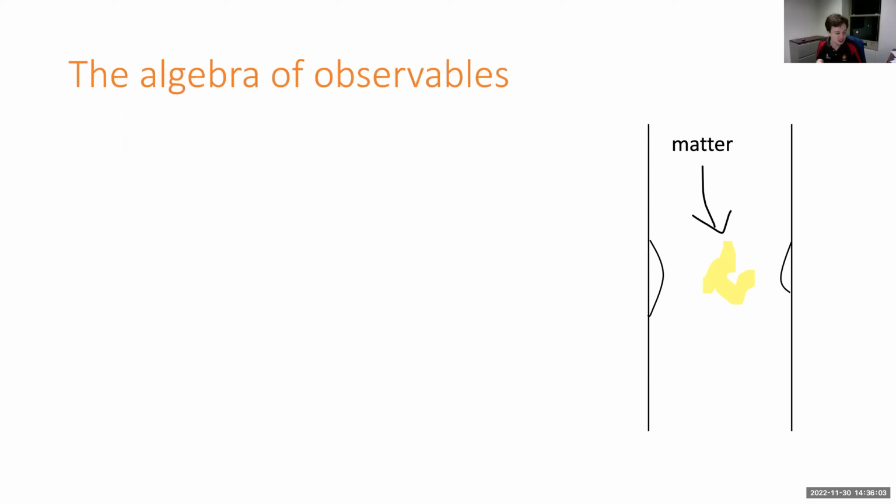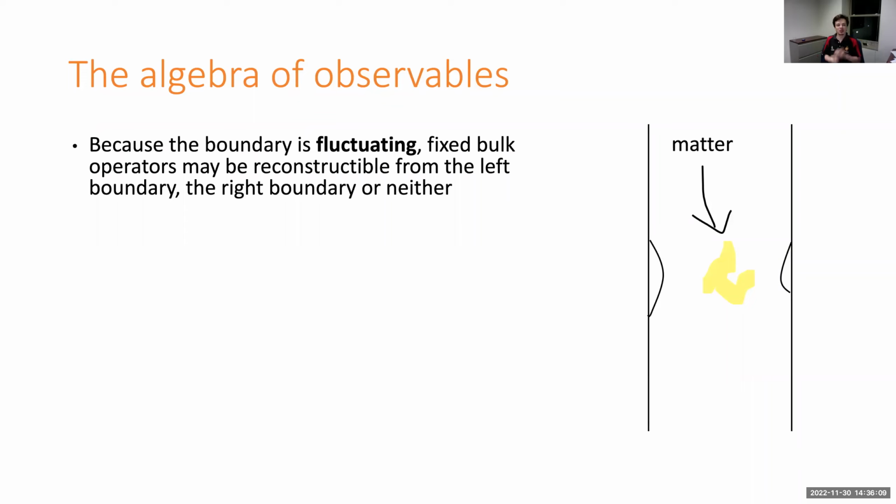Okay, so we'd like to understand the algebra of observables in this theory. Because the boundary is fluctuating, there's no longer a fixed bulk region that is visible from one of the boundaries, right? Before, we had one fixed causal wedge visible for the right boundary, and then the complementary wedge was visible from the left boundary.